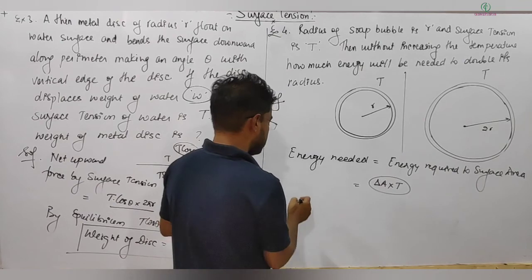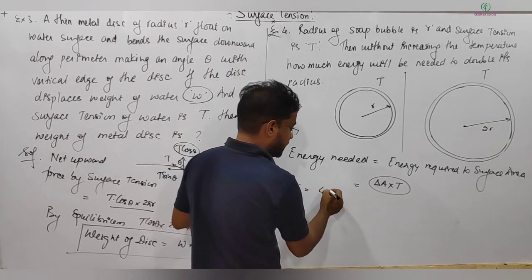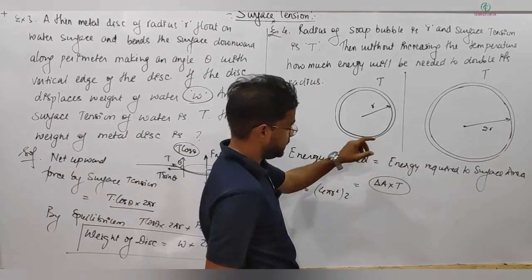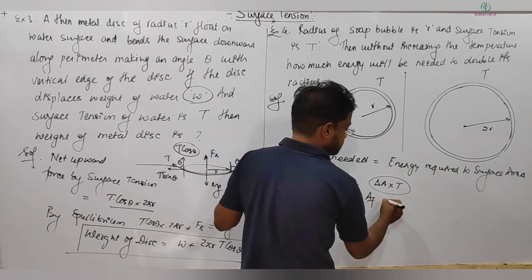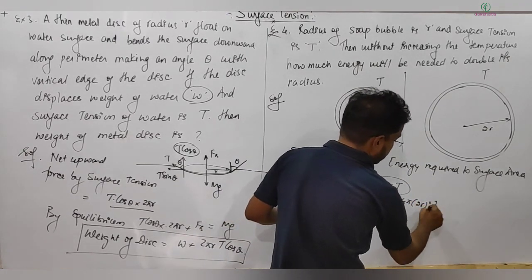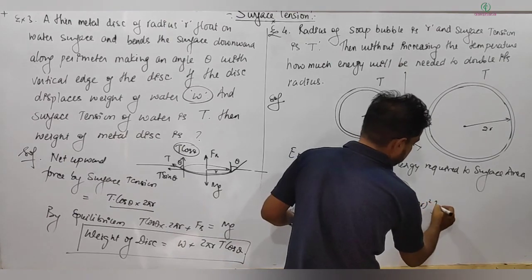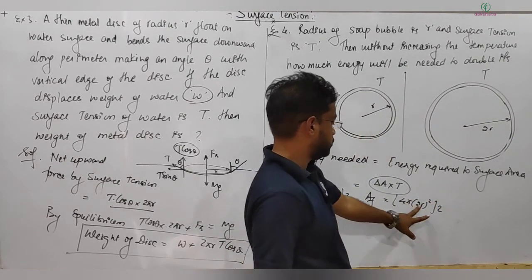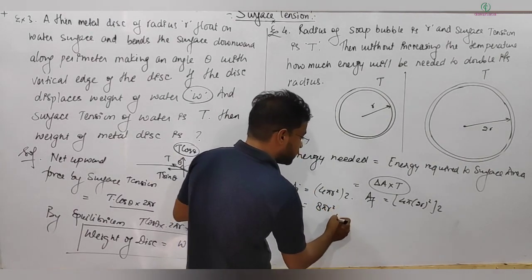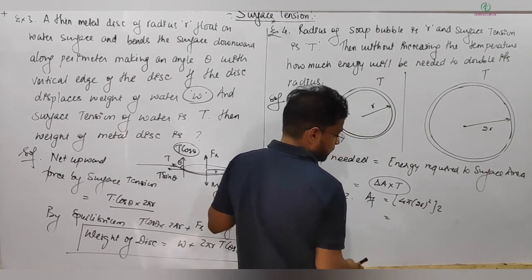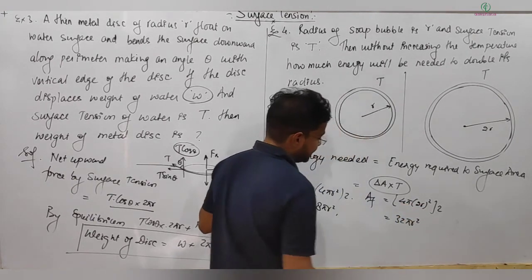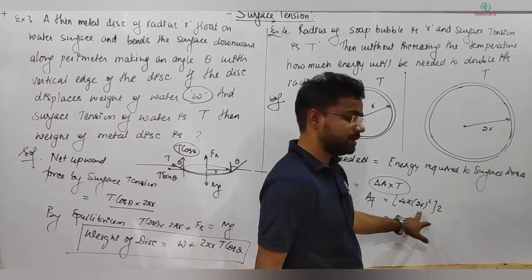And what is the delta A? So the initial area is equal to 4 pi r square multiplied by 2, inner area and outside area. The final area: the radius is becoming 2r, so 4 pi 2r whole square, multiplied by 2, so this is 8 pi r square times 4, that is 32 pi r square, right? 8 multiplied by 4, that's right.